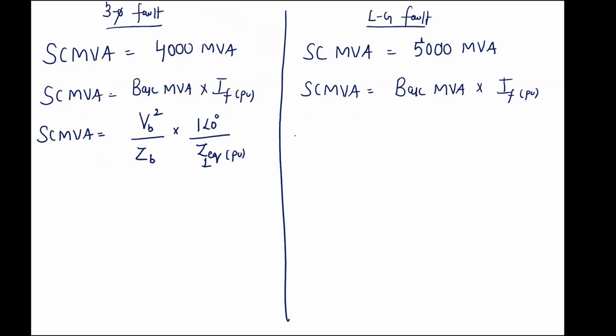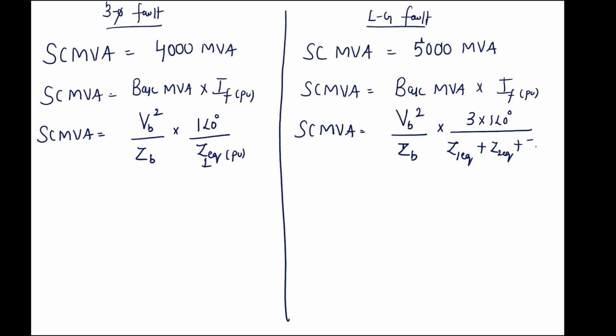For LG fault, again using the same formula, base MVA is VB square divided by Z base into 3 into 1 at an angle 0 divided by Z1 equivalent per unit plus Z2 equivalent per unit plus Z0 equivalent per unit. That is the per unit fault current at any point for LG fault.